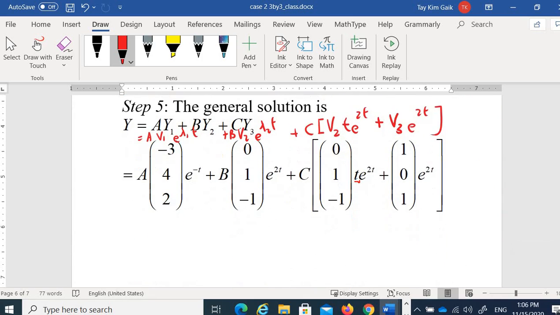Hence the solution: a v1 e to the lambda 1 t, where lambda 1 is negative 1, plus b v2 exponent lambda 2 t, lambda 2 being the repeated eigenvalue, plus c times the repeated v2 times t exponent lambda 2 t, plus the new eigenvector multiplied by exponent 2t. With this, thank you for your attention.